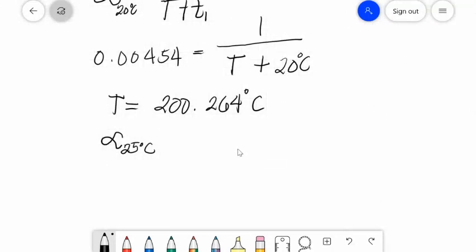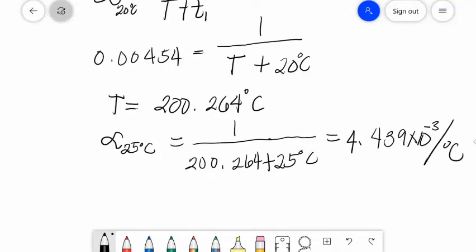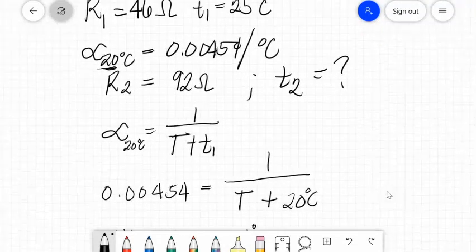So alpha is equal to 1 all over 200.264 plus 25 degrees Celsius. Our alpha at 25 degrees Celsius is equal to 4.439 times 10 raised to negative 3 per degree Celsius. So we have solved alpha at 25.